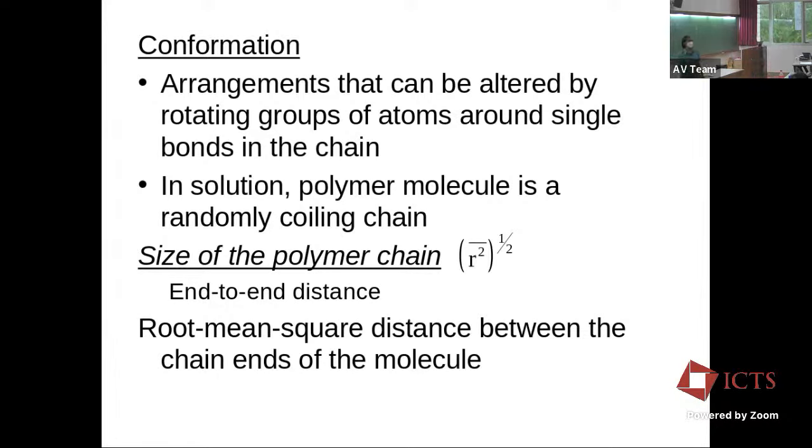These are all vectors, and these segments have length L each, L1, L2, etc. You're trying to find the distance between the ends. What is the complexity in this problem? Is there any complexity?